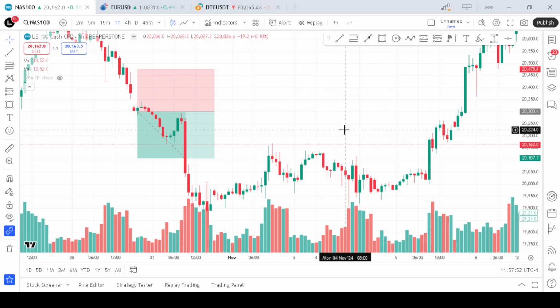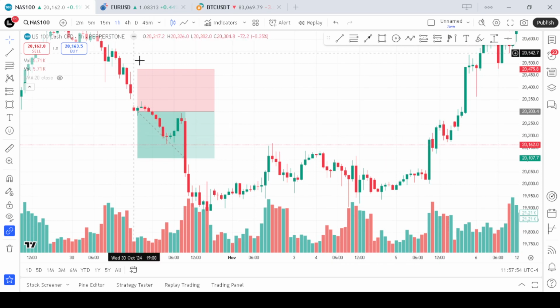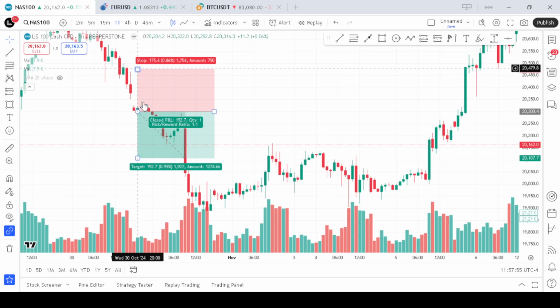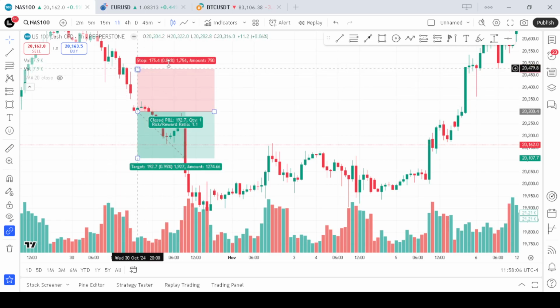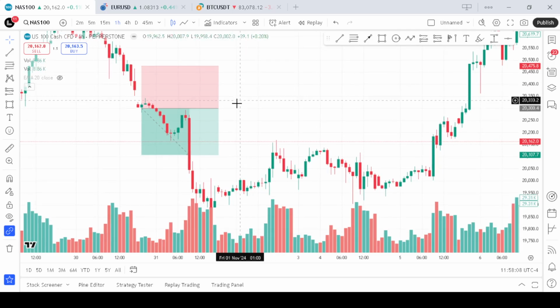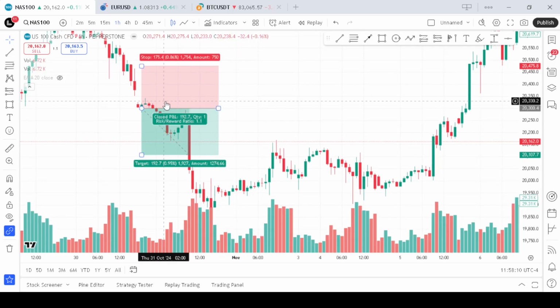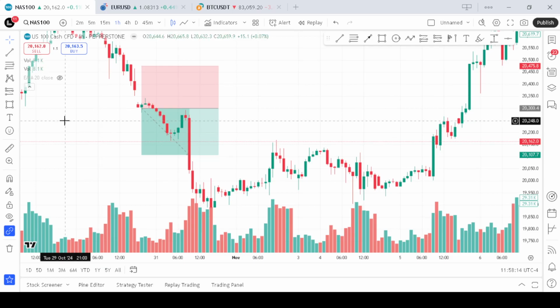while giving the trade room to breathe. We also give our trade room to breathe in case the market decides to come up and misbehave, or in case the pattern is a failed pattern. Putting our stop loss at this area gives the trade enough room to breathe. The key is to keep your risk controlled.